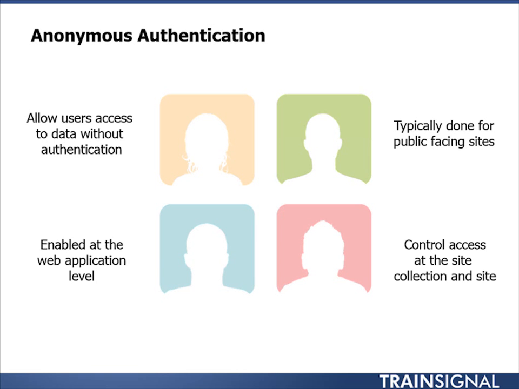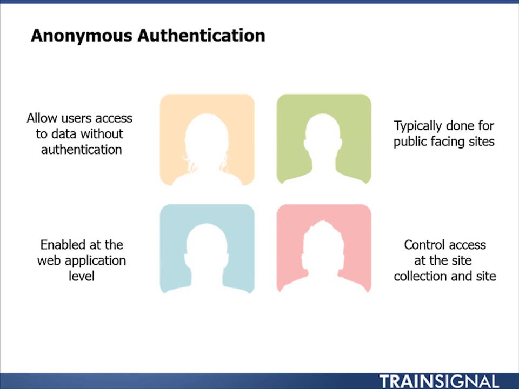Turning on anonymous access at the web application is basically like kicking on the master switch in your house. All that it's going to do is make anonymous access available, but it's not actually going to give anybody any level of access, any level of permissions into your site. What I actually need to do down at the site collection, down at the site, or even potentially down to the list level is go in and configure whether or not I want to allow anonymous access.